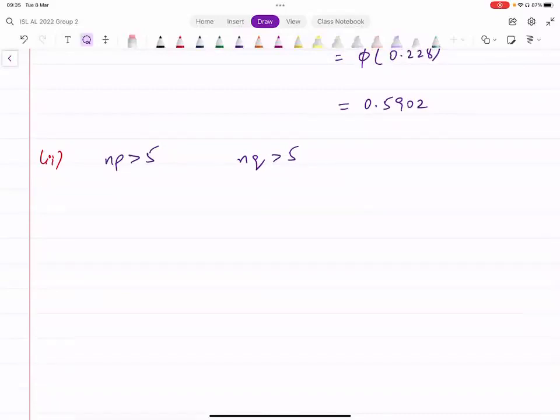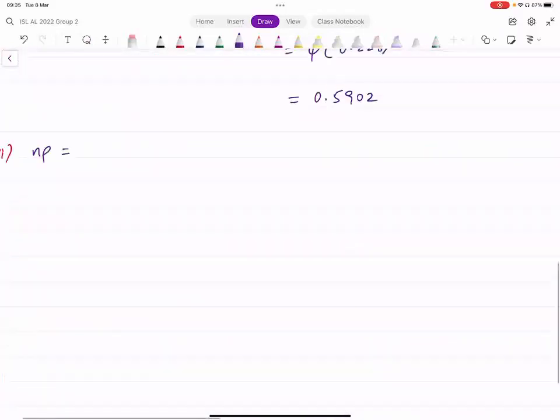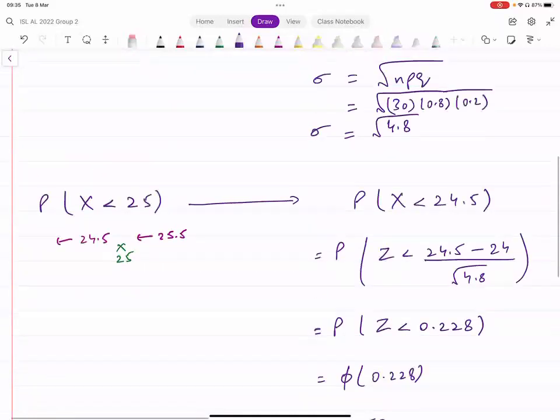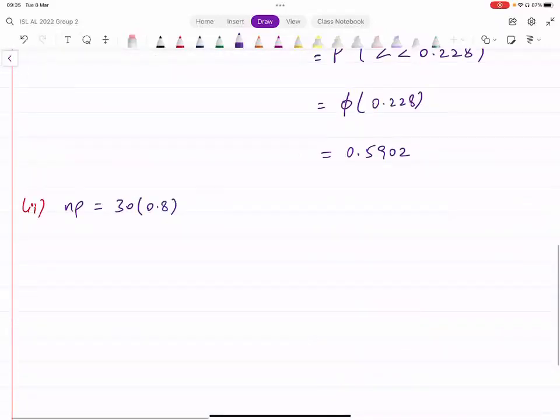Okay, so what you'll do is you will evaluate NP. What will this be? What was the value of N? N was 30. N was 30 into P. P is 0.8. You evaluate this. This is 24, and that is greater than 5.